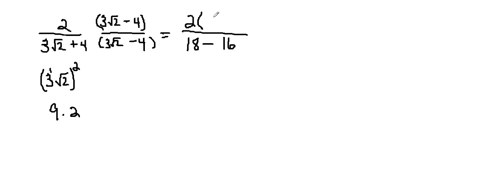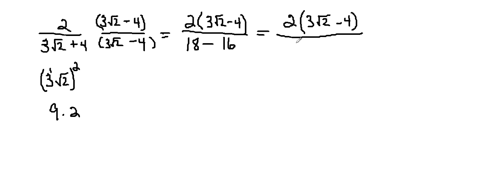So it's 2 times 3 square root of 2 minus 4, over 2, the 18 minus 16. The 2's cancel out, and I'm left with 3 root 2 minus 4.